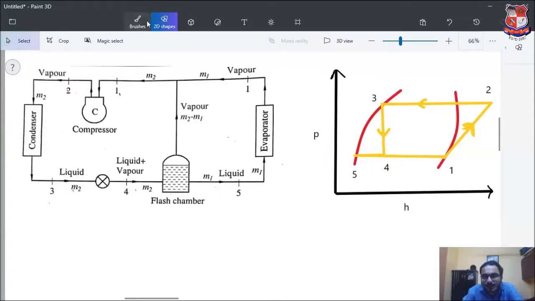And now we can show the direction also, that this 5 to 1 is our main process. Okay, so this is the way the pH chart looks like.